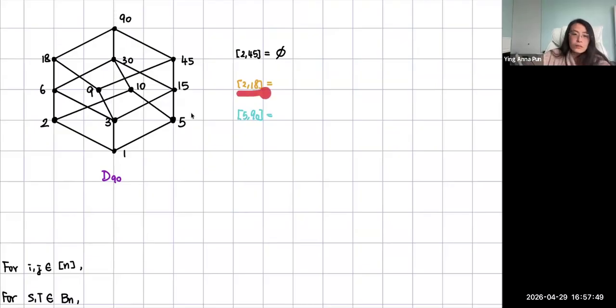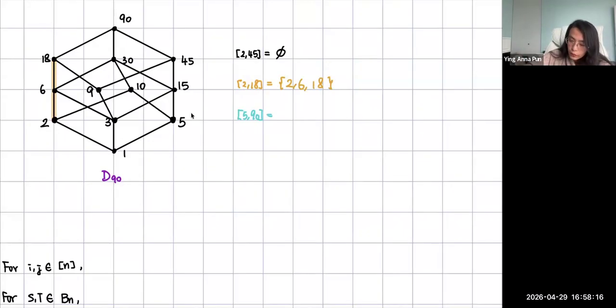First of all, this is not empty this time because 2 is definitely a factor of 18. Then you just look at the Hasse diagram, from 18 to 2, and record all the things in between. In this case, you only have one. So this interval is 2, 6, and 18.